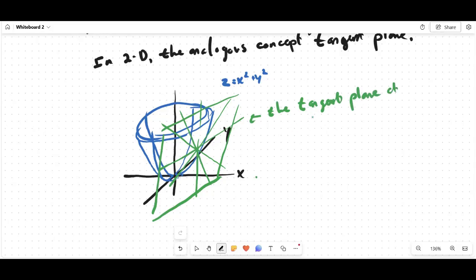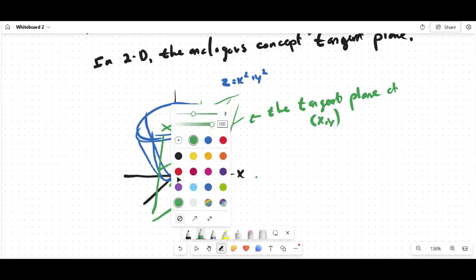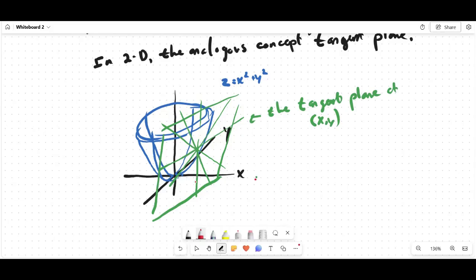So I guess I'll say at x comma y, where x comma y is the point that we're starting at. So this is some point in the xy plane. Maybe it's right here, right? That's like the point we plugged in. So if that point is x comma y, then the tangent plane at x comma y is this green plane that I'm drawing here.